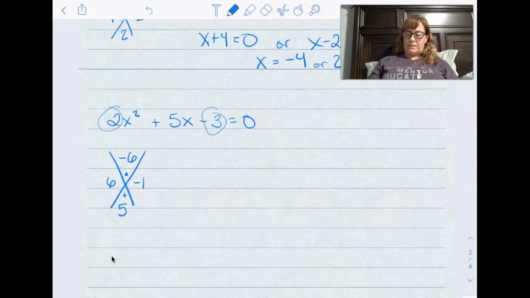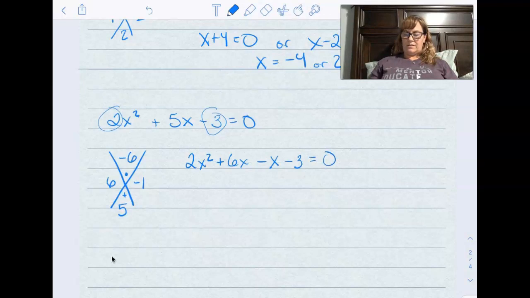So when you put this in, you've got 2x squared plus 6x minus x minus 3 equals 0.